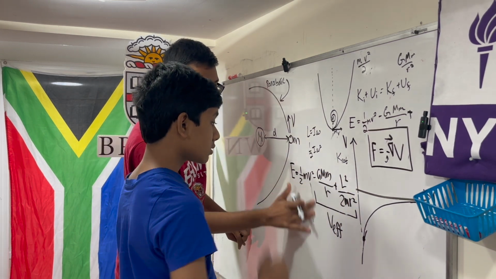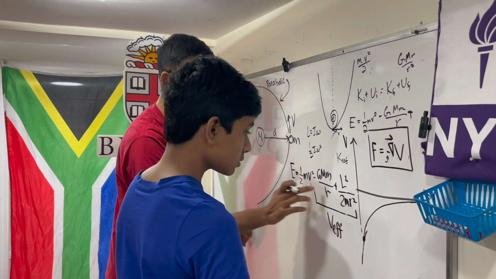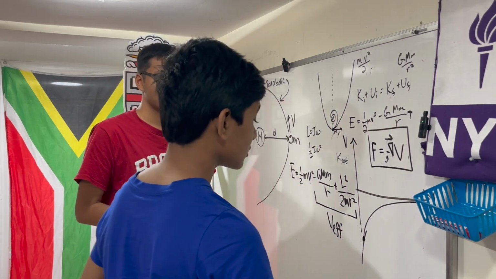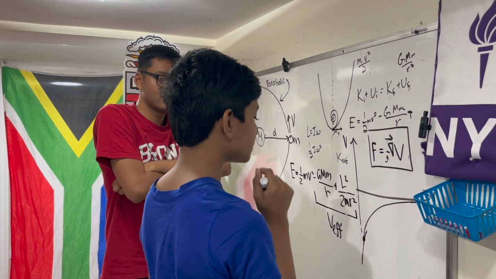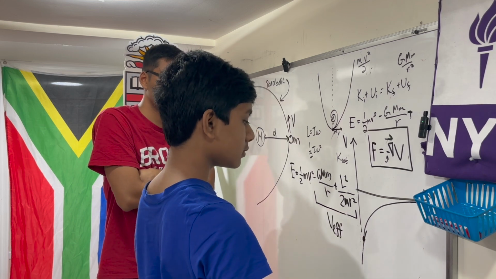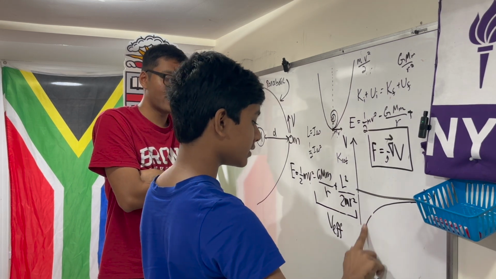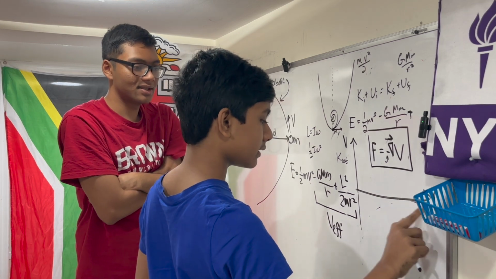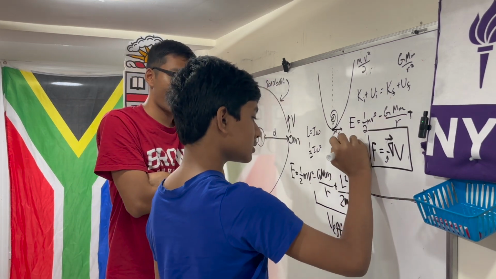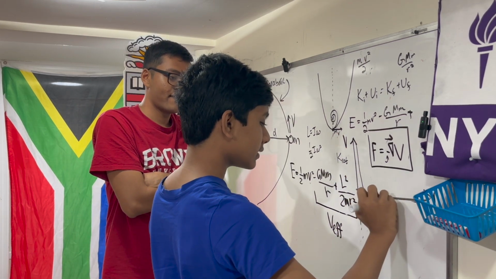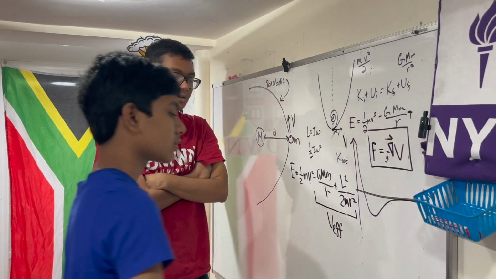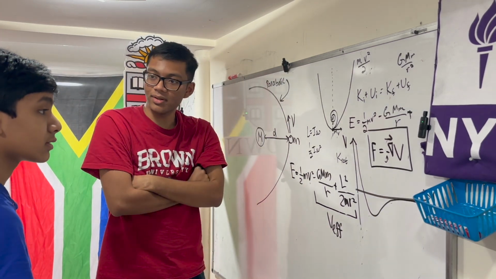So now, can you draw the new PE graph with this term? With this term added, this is plus. It might be a little tricky. I think it would look something like this. Yeah, very good. So can you explain how you came up with this?